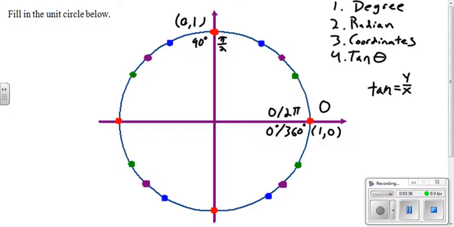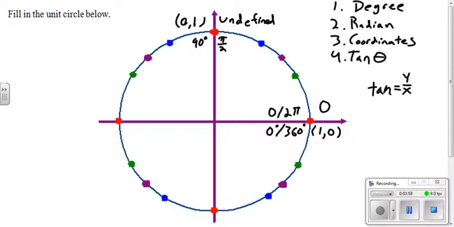Now the tangent, remember, is y over x, so the tangent is going to be 1 over 0. But remember, anything divided by 0, it's not a real thing. You can't divide by 0. So the tangent is undefined. You have to write undefined for this tangent.